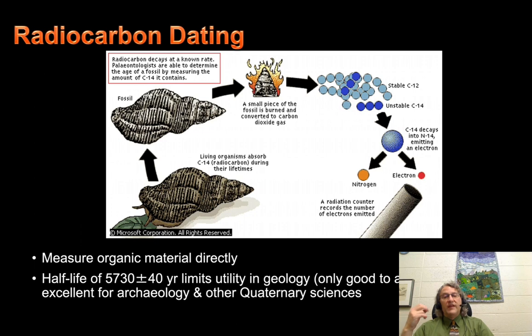But this is limited in terms of the paleontological context, because the half-life of radioactive carbon, of carbon-14, is, as you see, just slightly more than 5,700 years. It's useful in archaeology, so the study of human artifacts. It's useful in history. It's useful for the recent part, the youngest part of the ice ages, of the Pleistocene.